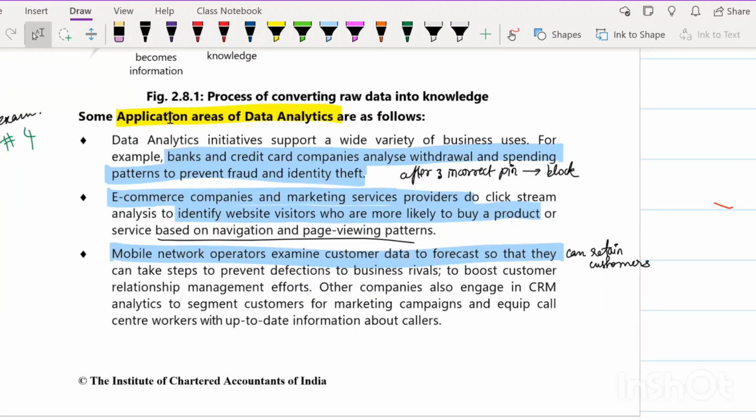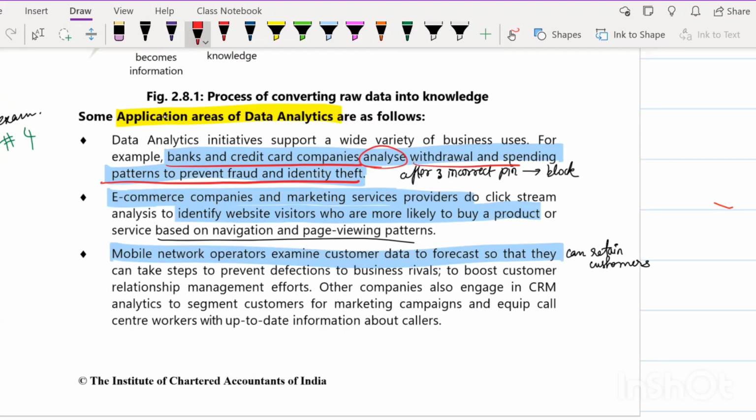Here, the banks and the credit card companies analyze withdrawal and spending patterns to prevent fraud and identity theft. So if I'm a user and I daily transact a maximum value of only 10,000 or 20,000, and suddenly a day comes where I transact 5 lakh rupees 2 or 3 times in the same day, then that is suspicious activity.